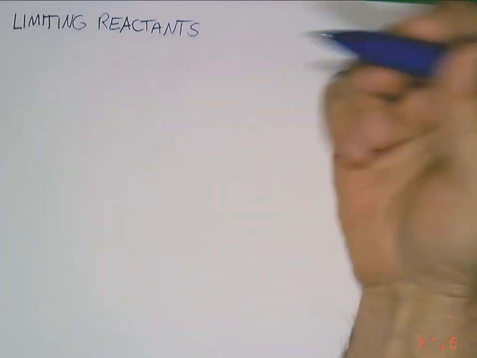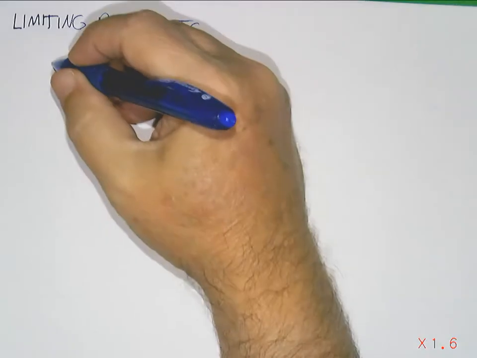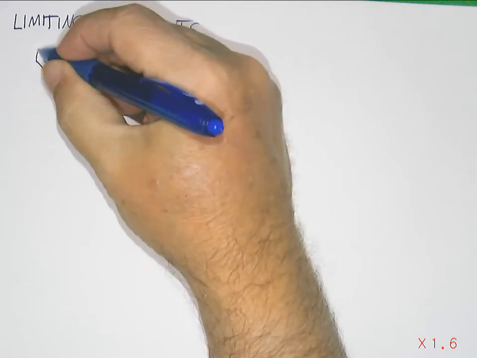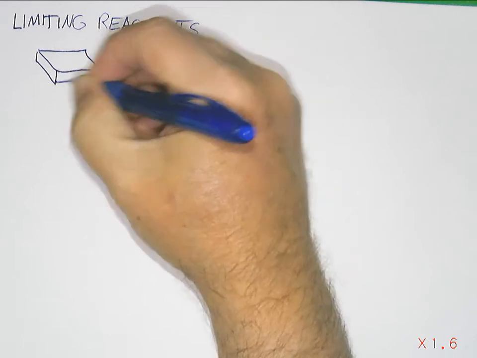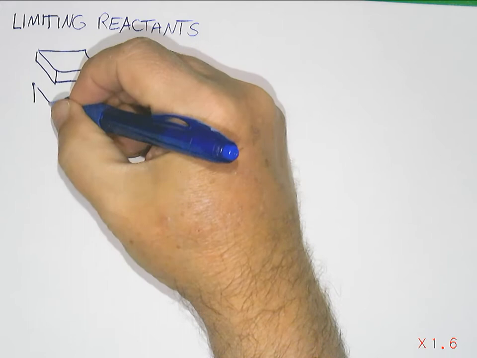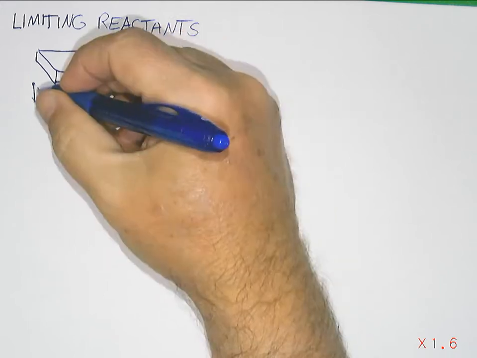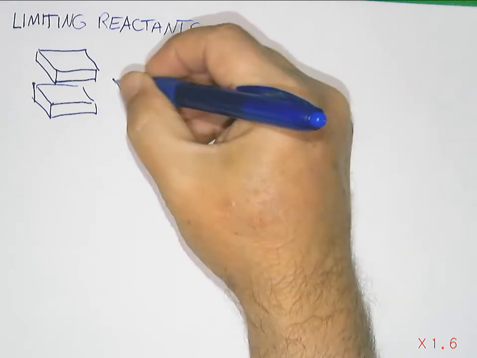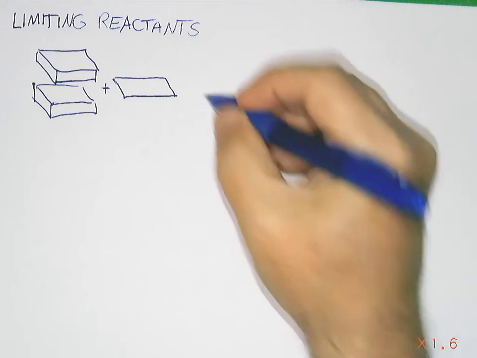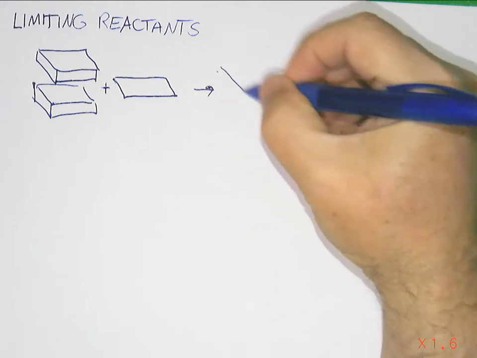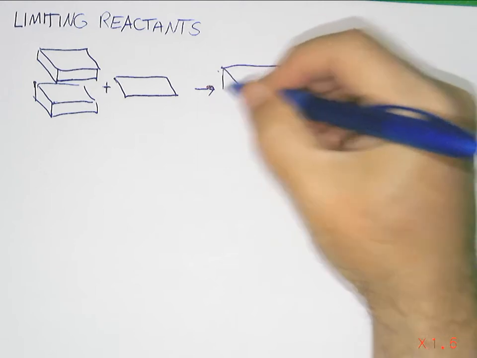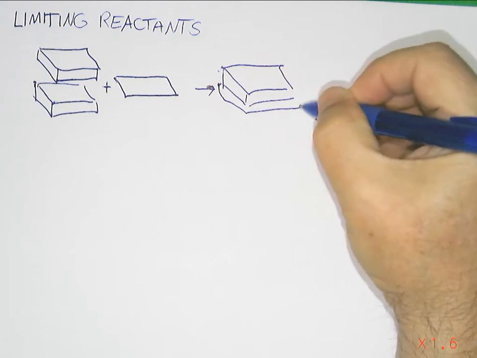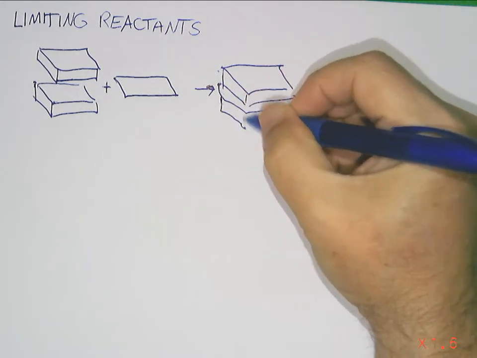Let's look at an example that's a recipe. Suppose you get a recipe for a sandwich. Keep this simple here. You've got a slice of bread and another slice of bread. So this is the bread you need for your sandwich, plus, let's say we're making a grilled cheese sandwich, plus one slice of cheese gives you one sandwich.